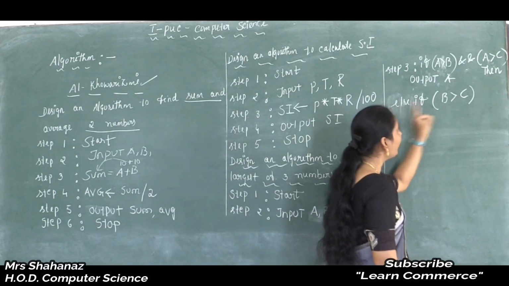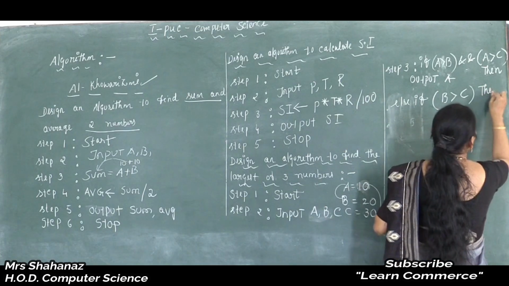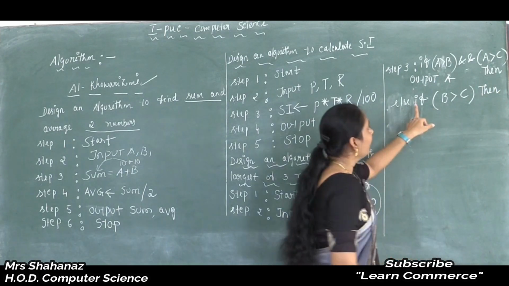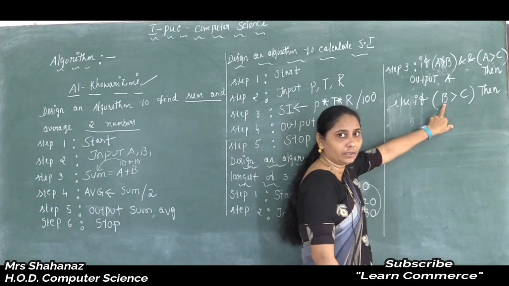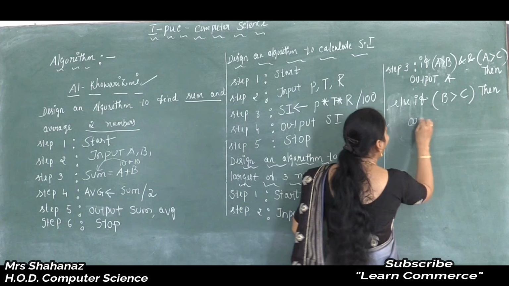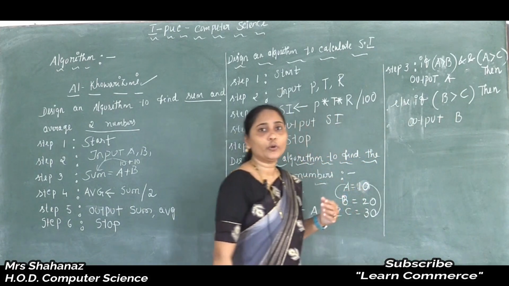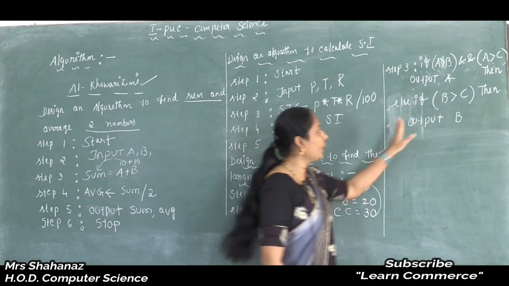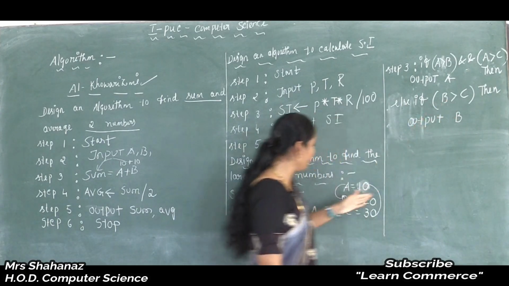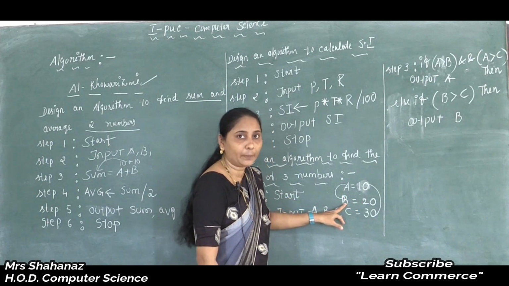So else if B value is greater than C value, if it is true, then output B. Clear this point here? The output is B in this case. But when you check B and C, you have to compare whether B is greater.